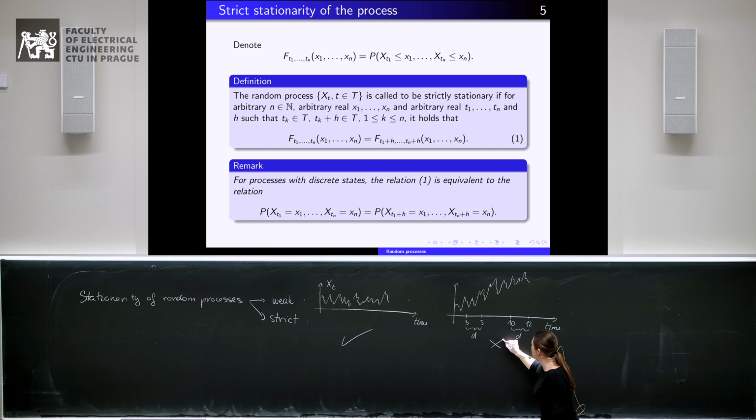So this process is not strictly stationary, it is only weakly stationary, because the probability that in the time 5, the value is below some level A, is higher than in the times 10, 11, 12.